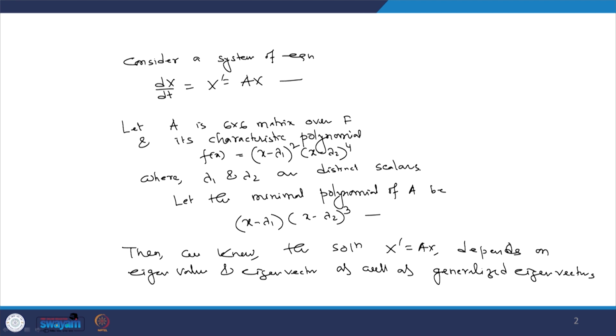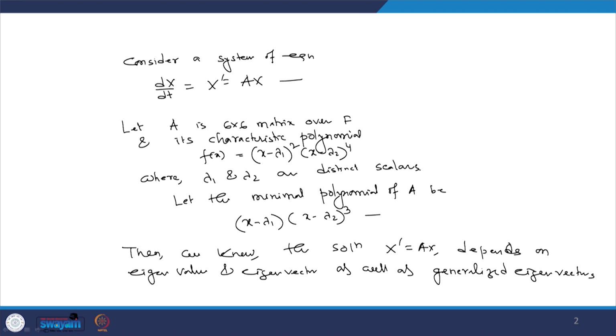But in the case of lambda 2, I see that the characteristic polynomial has the factor (x minus lambda 2) power 4, whereas the minimal polynomial has the factor (x minus lambda 2) power 3. So, definitely, for the eigenvectors associated to lambda equal to lambda 2, if I consider A minus lambda 2 I, the rank will also be 4, so that I will have 2 linearly independent eigenvectors, please.